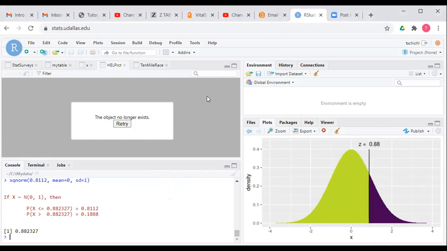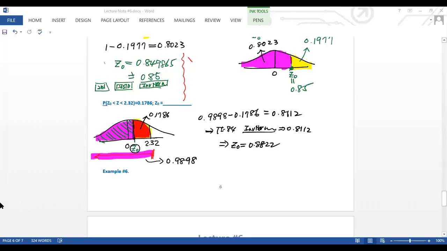See here? That's why they give you the Z-score 0.88. That's why I got my Z0 is 0.88 here. All right. So for this type of problem, it's a little bit more complicated, so you need to graph it.